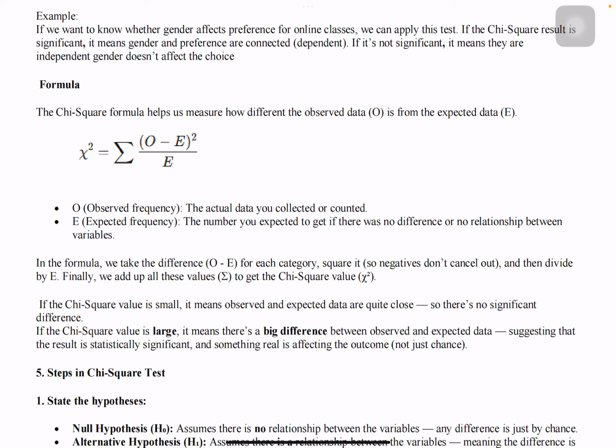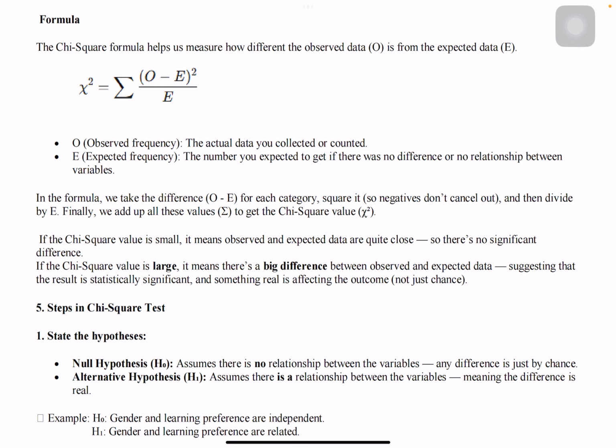E is the expected frequency, the number you expected to get if there was no difference or no relationship between variables. In the formula, we take the difference O minus E for each category, square it so negatives don't cancel out, and then divide by E. Finally, we add up all these values, sigma, to get the chi-square value x square.